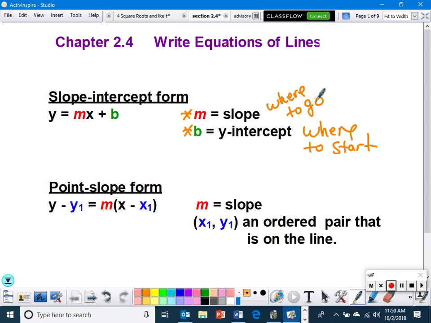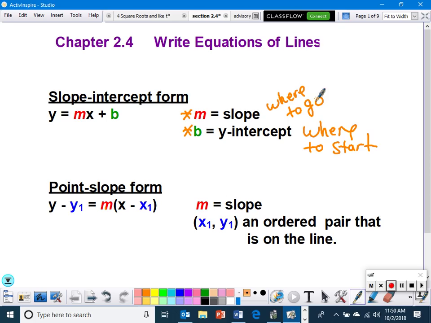All right. The formula we're going to concentrate on today is called the point-slope form. In this situation, we need the slope, and then we need an ordered pair. So in this case, you can see how it's set up.